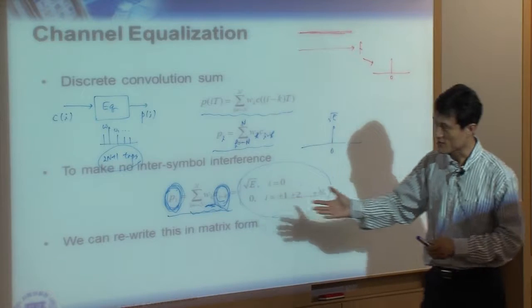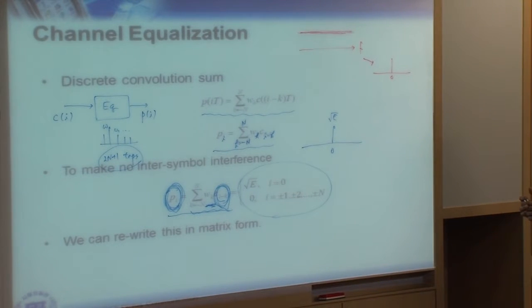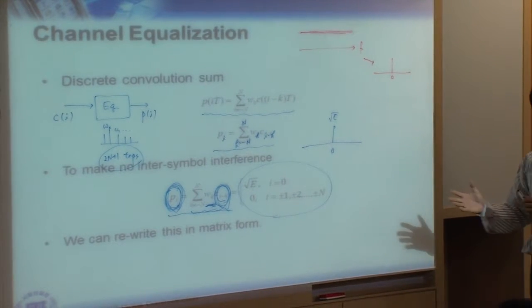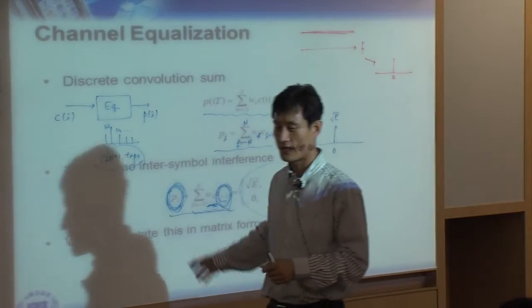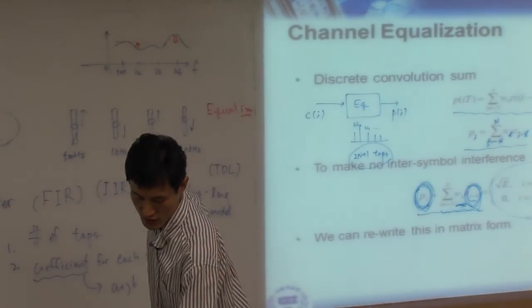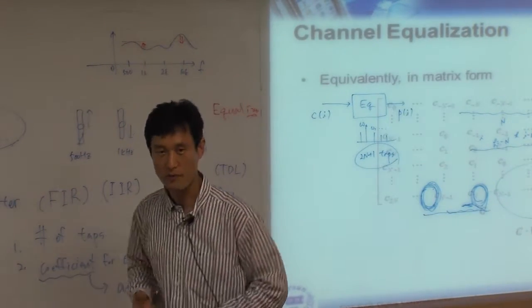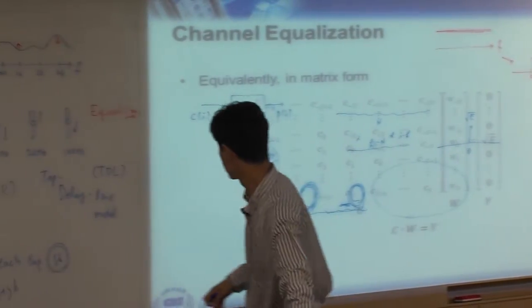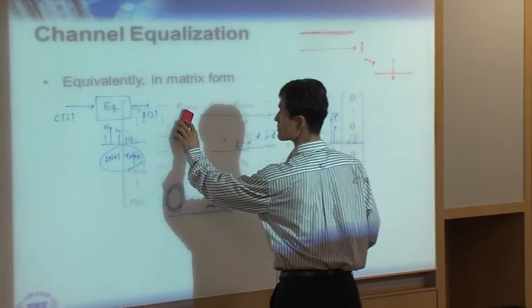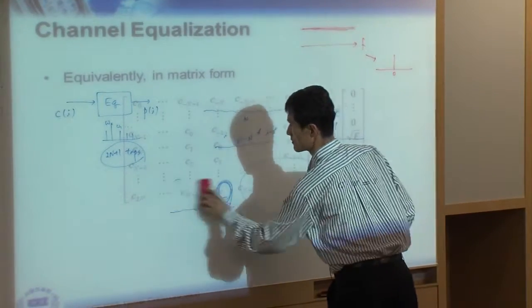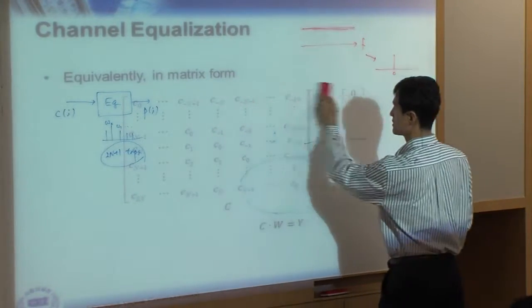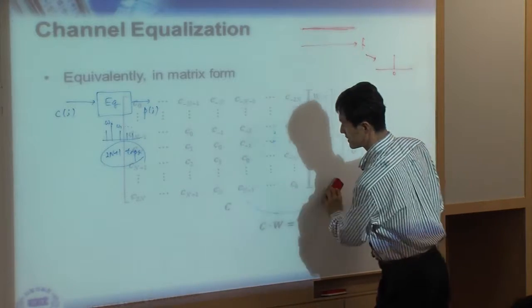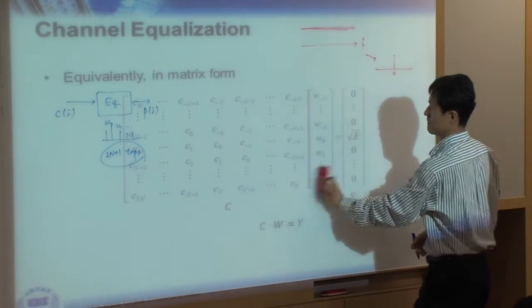But this is a summation equation. So it's a little bit difficult to solve. So that's why, for this kind of summation calculation, we're going to rewrite it in matrix form. Look at this matrix. This matrix form is exactly the same as the previous equation.